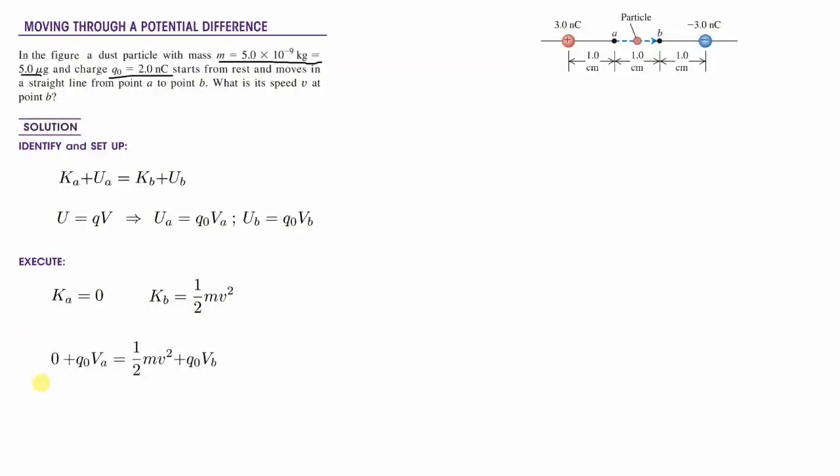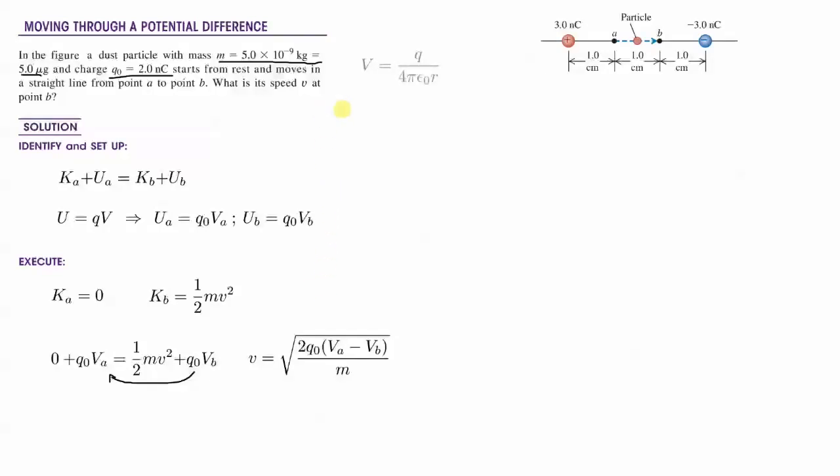So then plugging everything into our energy equation, we get 0 kinetic energy plus Q naught times VA is equal to 1/2 mv squared plus Q naught times VB. So then to solve for v, we subtract Q naught VB, multiply both sides by 2, divide by m, and then finally take the square root, and we end up with v equals the square root of 2Q naught times VA minus VB over m.